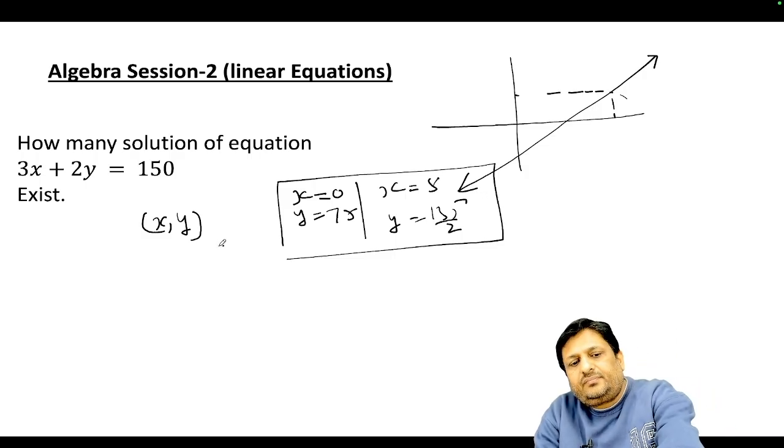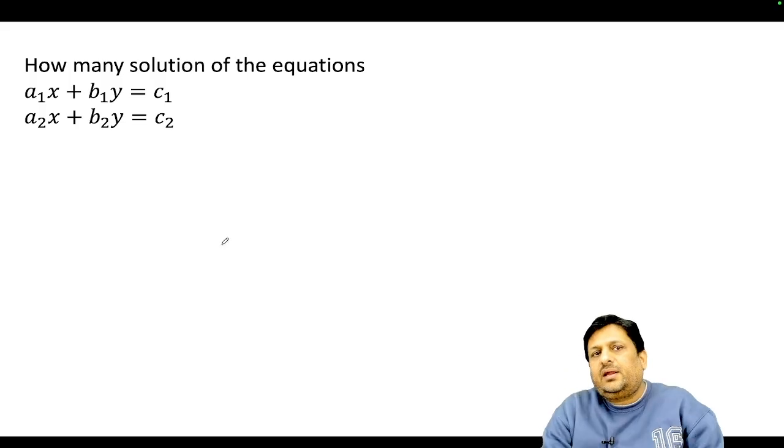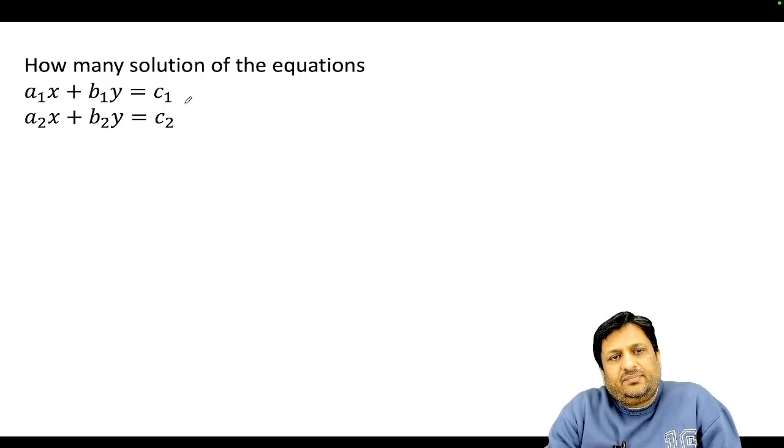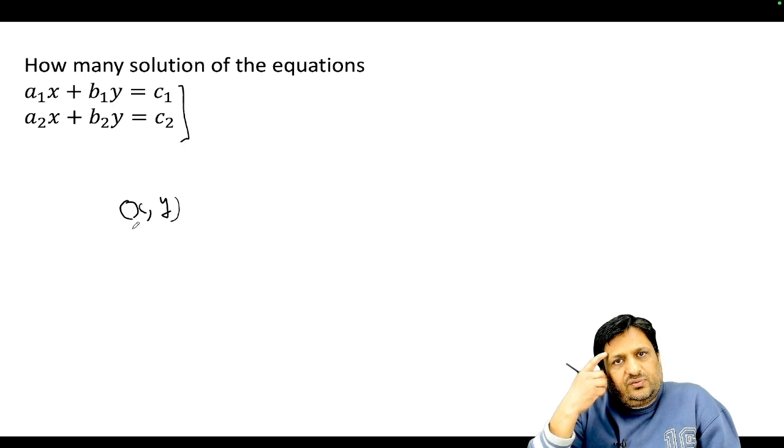But if there are two equations and we talk about the solution of this system, what does the solution mean? It means the set of values of x and y which satisfy both the given equations.